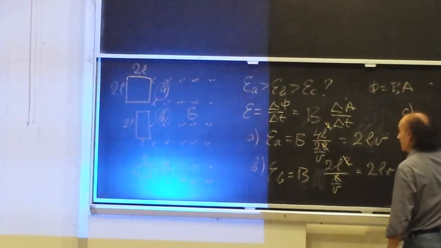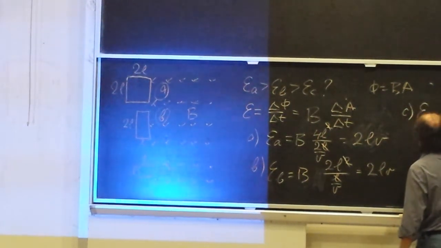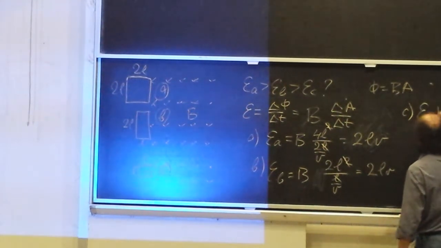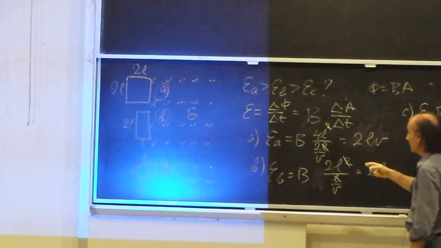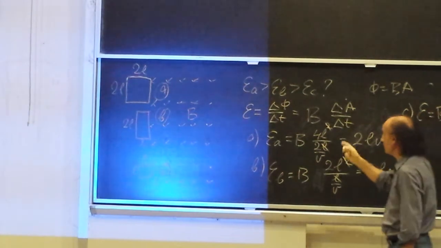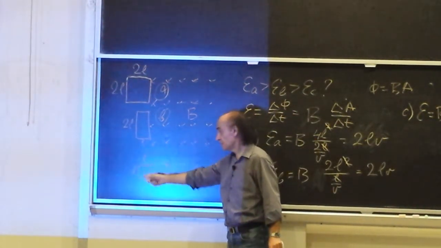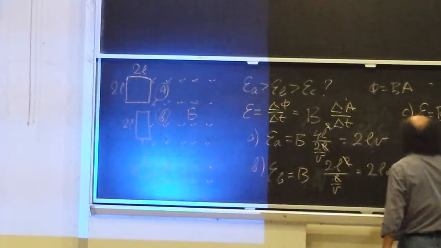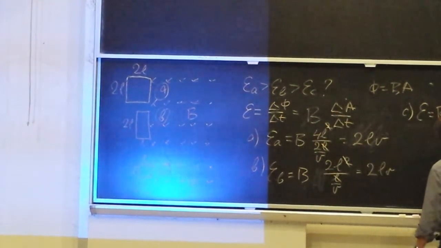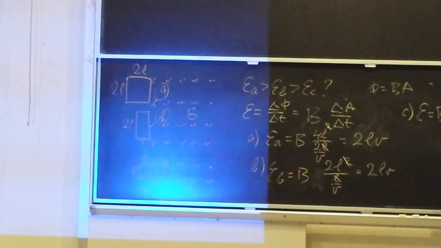Now, case C. Electromotive force is V times delta H over delta T. What is the total area here? L squared. What is the time? Change of area divided by duration of time is L divided by V. Right?